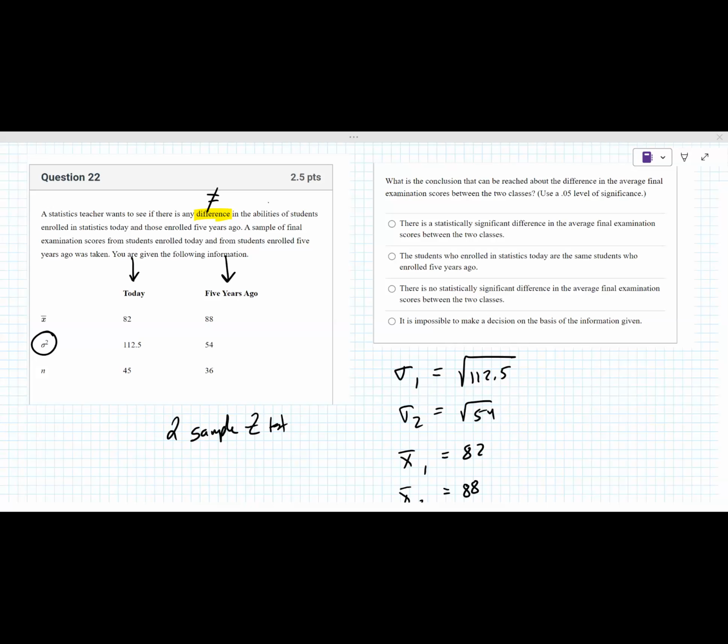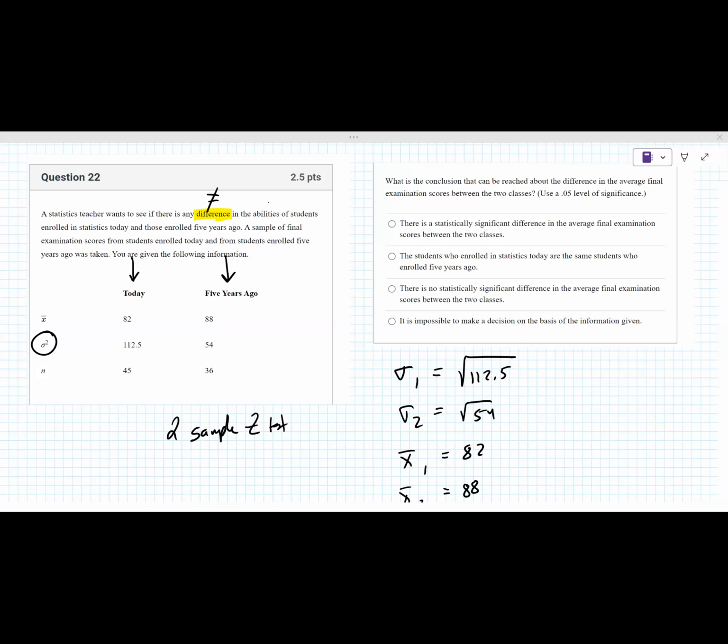All right, I'm just entering the data. Next one is X bar 1, 82, N1, 45, 88, N2, 36. Not equal to, okay, calculate.